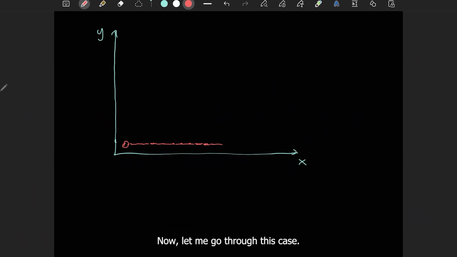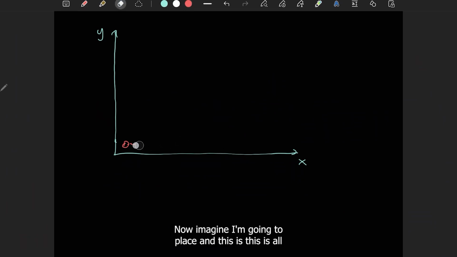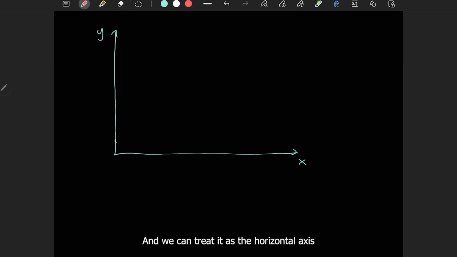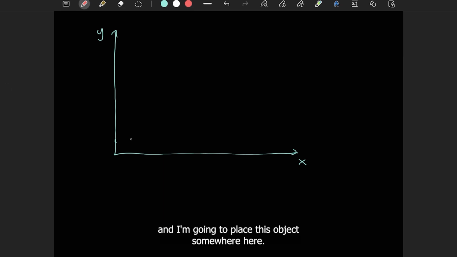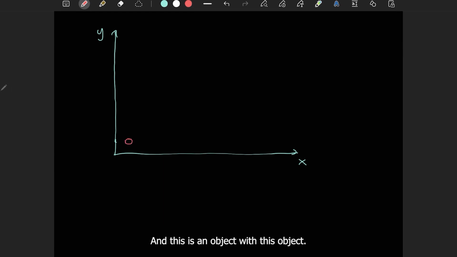Now let me consider this case. Imagine this is a grid, and this is the y-axis, which I consider the vertical axis, and this is the x-axis, which we can treat as the horizontal axis. I'm going to place an object somewhere here. Imagine this object is traveling in the x direction.